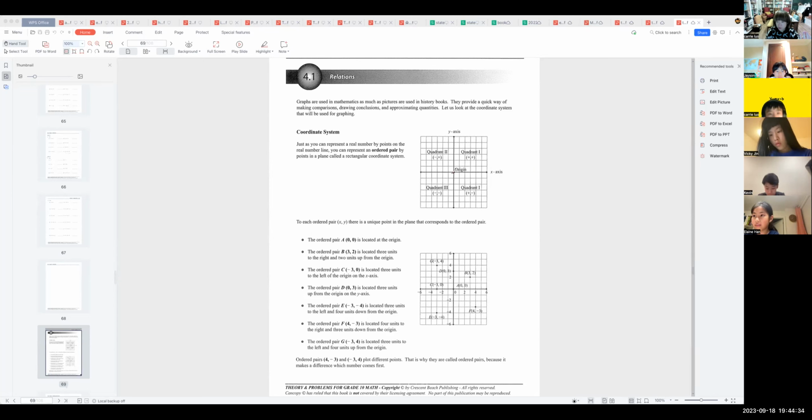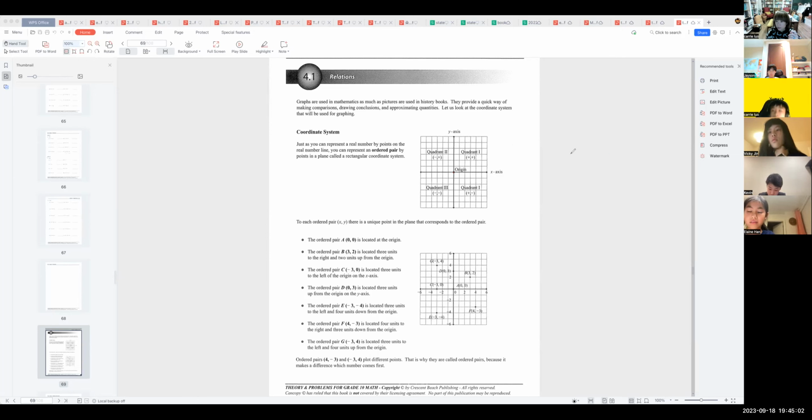The center one is called the origin point. And quadrant 1 is where the x value is positive and y value is also positive. So Vicky, what does it mean? Like if I give you a number like 3, 6, it's an ordered pair. When I give you an ordered pair, you can immediately tell me this point must be in quadrant 1.